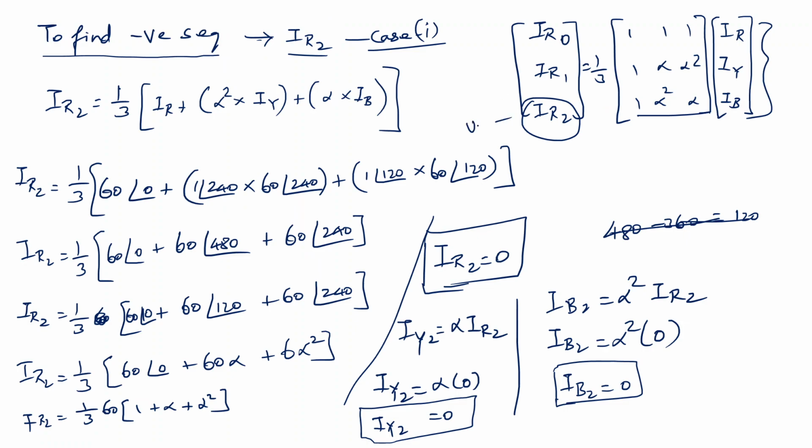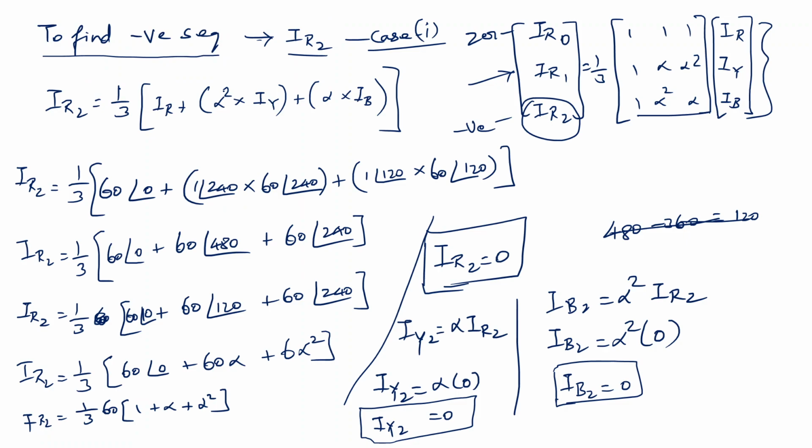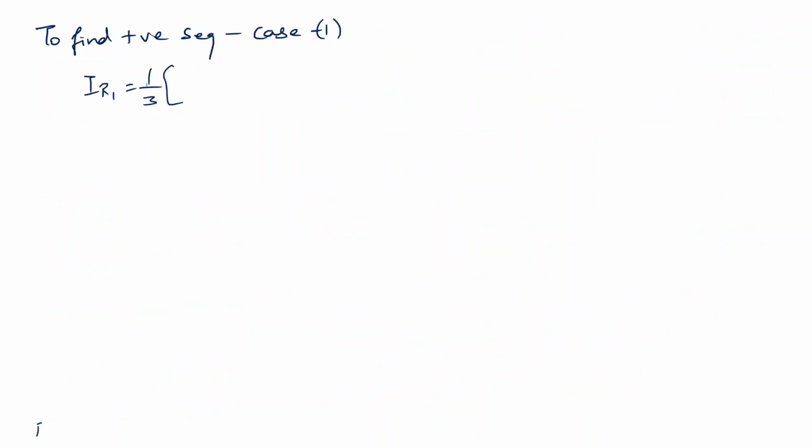This is negative, we are done. This is 0, we are done. So what is the remaining part? IR1, correct? IR1 is equal to one third of, tell me the value from the matrix: IR plus alpha IY plus alpha square IB.